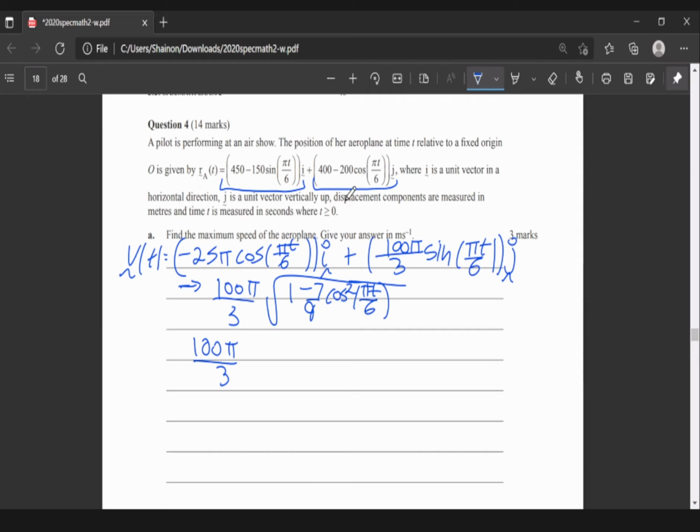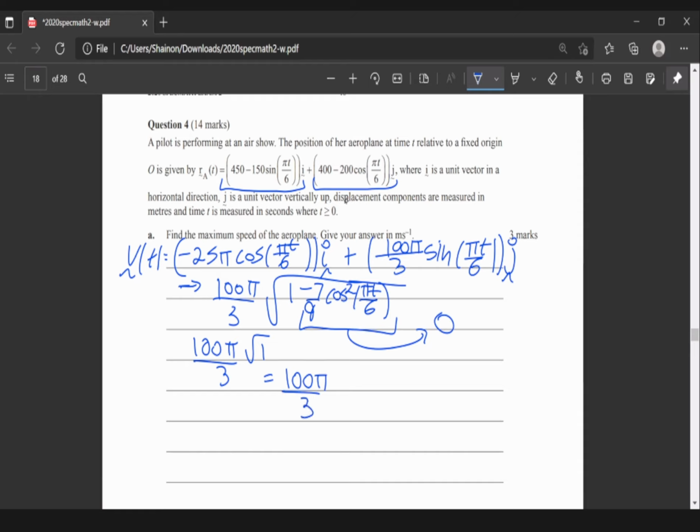So when it's going to be maximum, this is going to be 0, this is going to be 0, so then it's just going to be root 1, which is going to be 100 pi over 3.